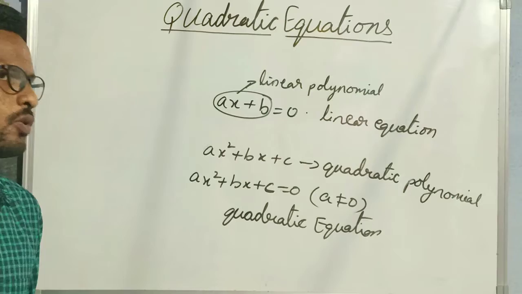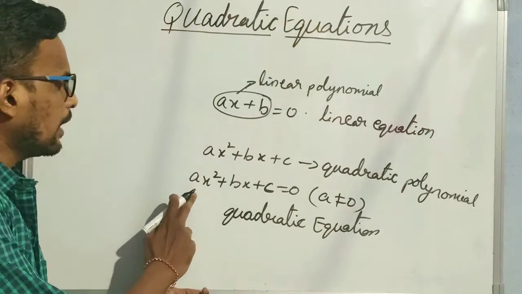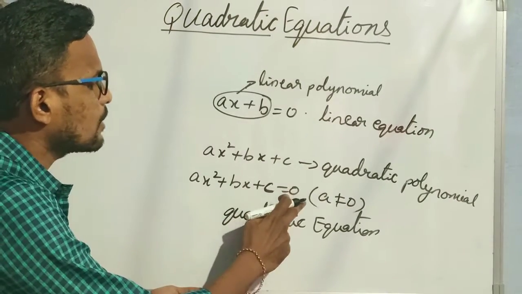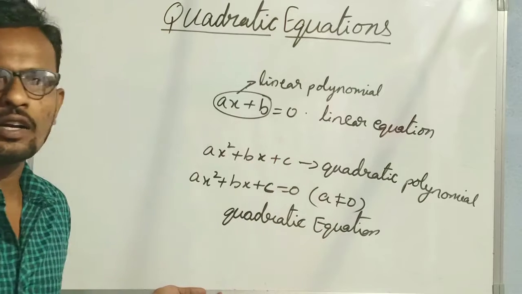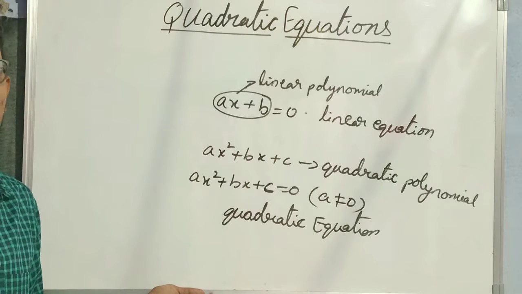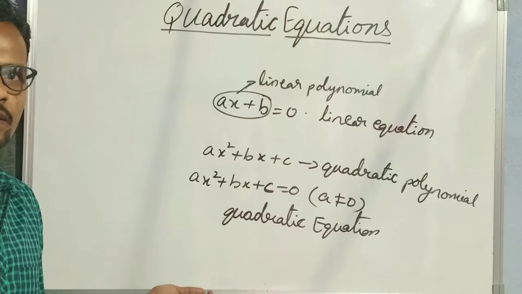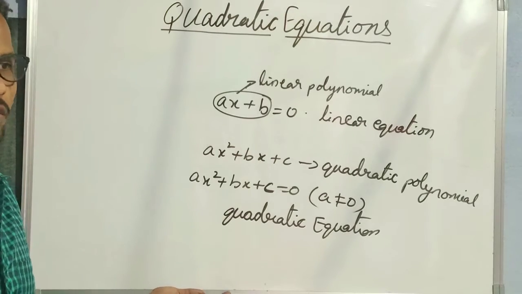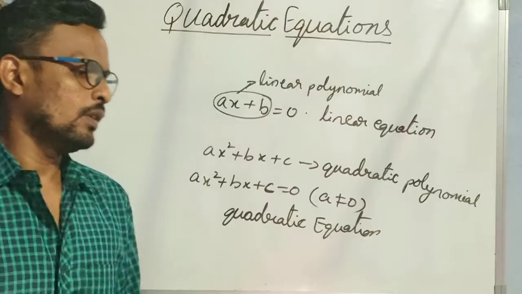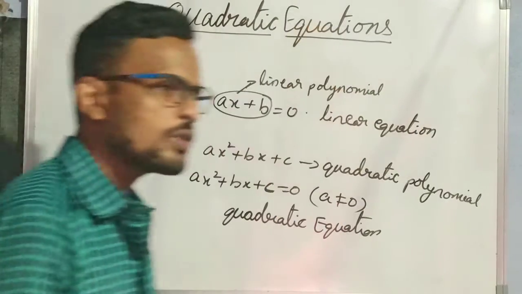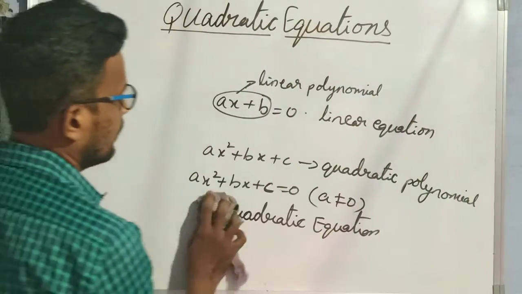So any equation of the form ax square plus bx plus c is equal to 0, where a is not equal to 0, is called a quadratic equation. Clear? Okay. So now let us see how to find the roots of this quadratic equation.